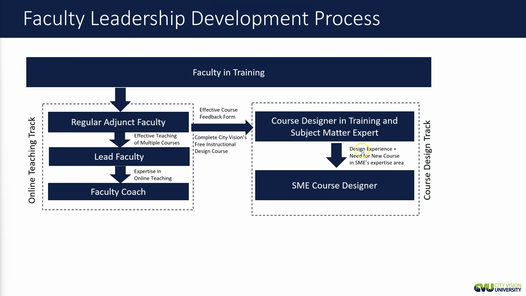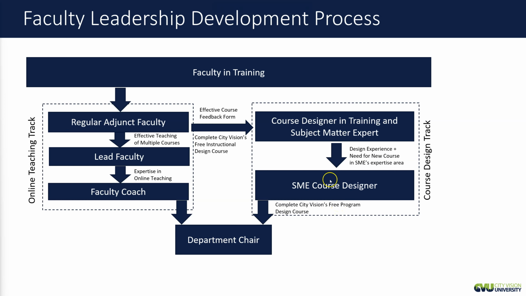And then after they've gone through our course and gain expertise, they become a subject matter expert course designer. Now, we are adding a new stage below this, which we call a course owner. That's the person who will continue to maintain a course over time. And with this, we have the department chair.